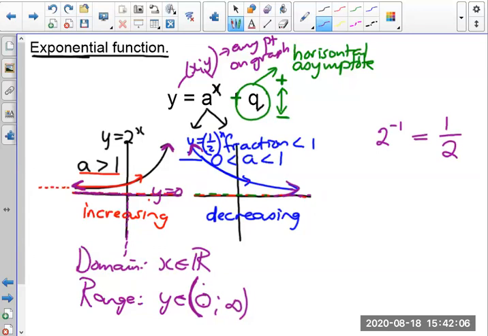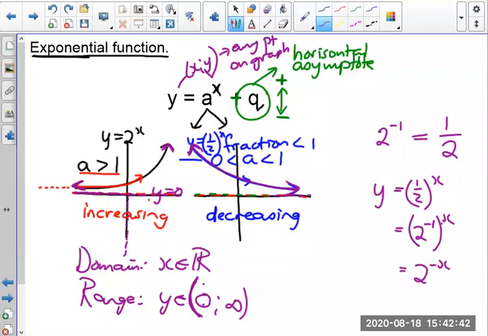So if you have a half to the x, it's this decreasing function. But a half, I can write as 2 to the minus 1 as well. And what happens if you have a power to a power? You multiply the exponents. That will become 2 to the minus x.